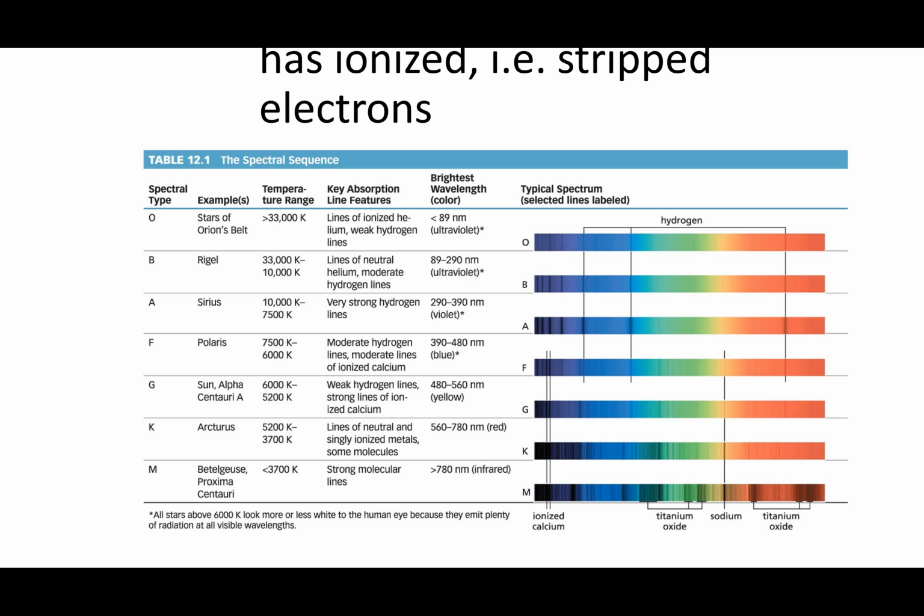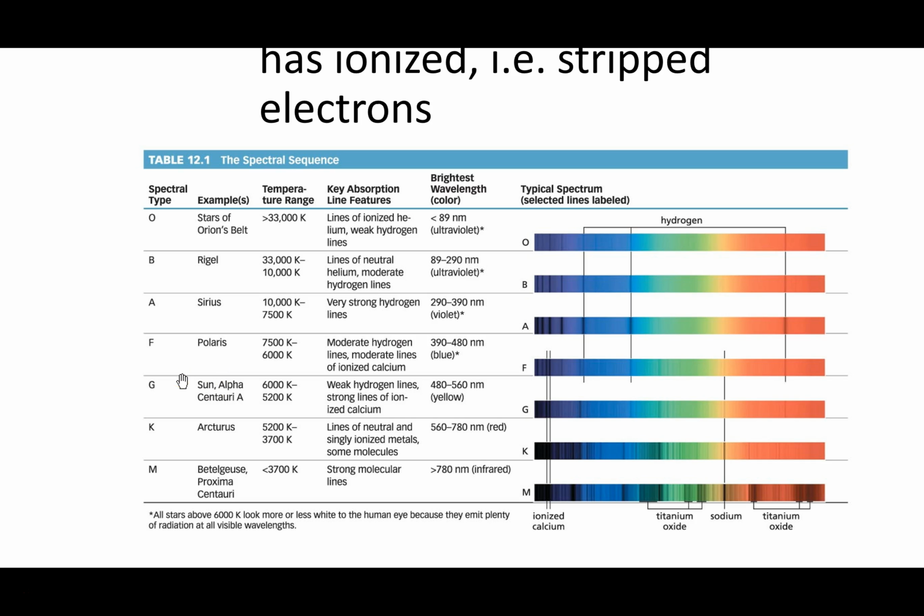So we can see some examples of stars over here. What type of star in all of these is our sun? You see our sun here? Yes, G. Our sun is a G type.